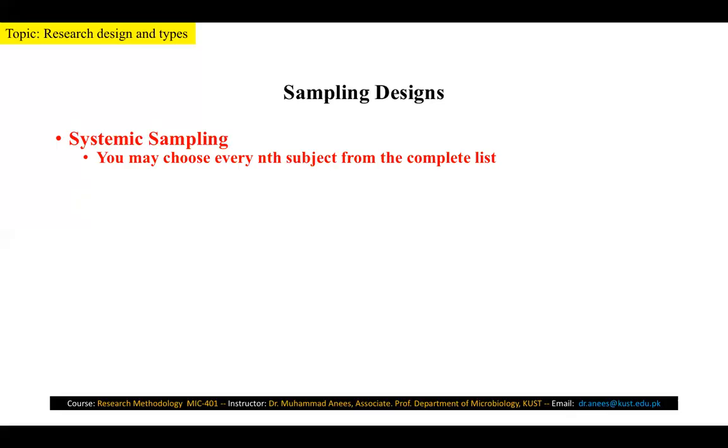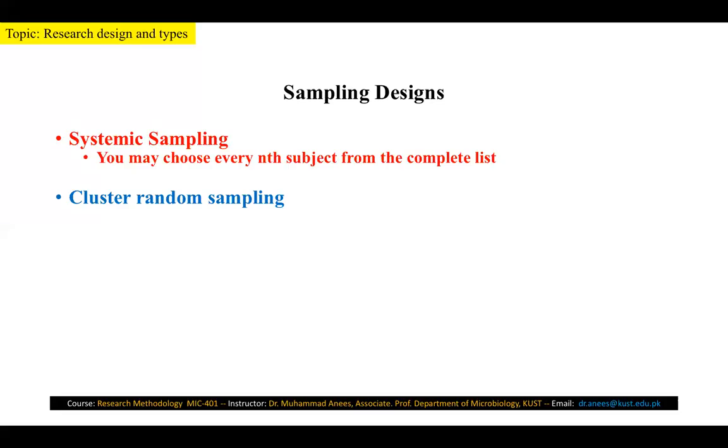So this is known as systematic sampling. This may not be considered completely random, because in this case, at least you decide the number of samples to be selected.